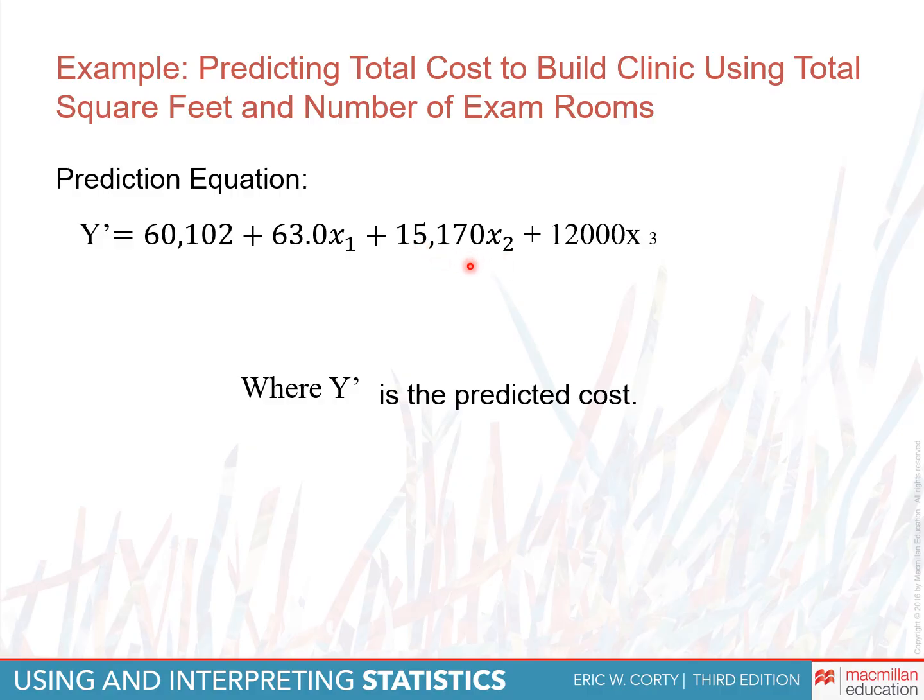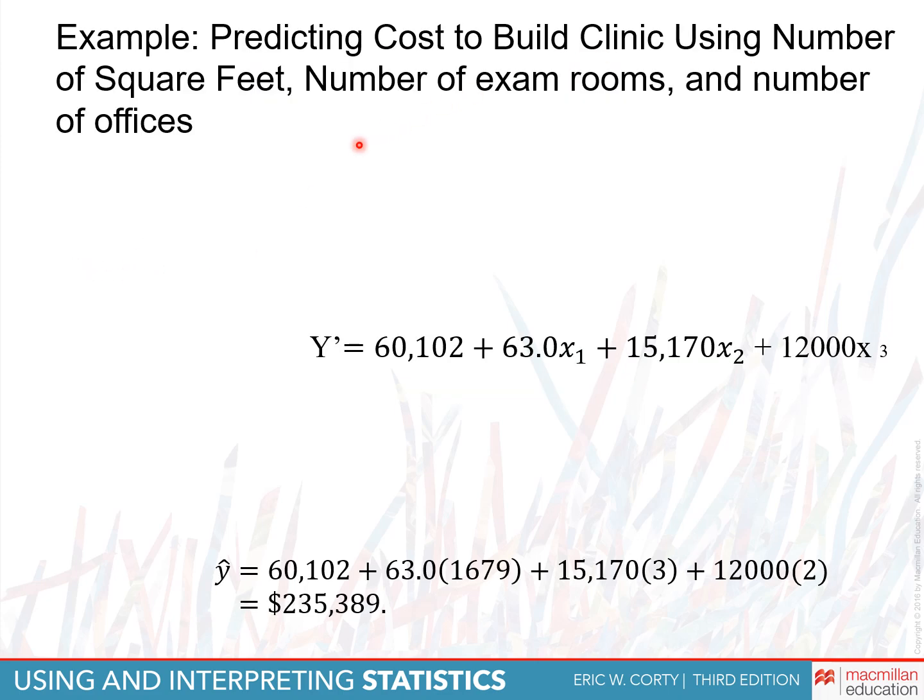This value here is the slope for x2, and here we have the slope for x3. We can put all of this together and use it to predict cost, which corresponds to y prime. All right, so now let's use the regression equation that we just came up with to actually predict the cost of something.